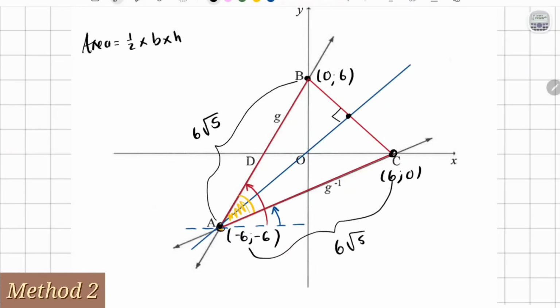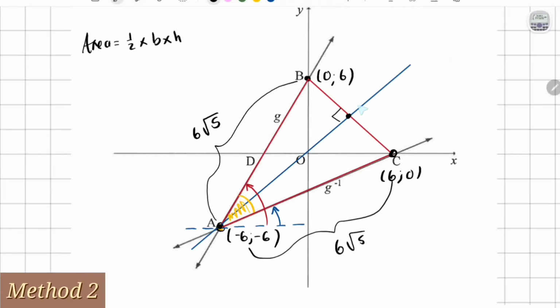To find that height, first of all, you would need the coordinate of C. Knowing that it is the inverse of B as 6 and 0, you would be able to find the midpoint. Since we know this is a perpendicular bisector, it's perpendicular to this. So we would find the midpoint of this, and that would be the point that we have here, that intersection of our height and BC.